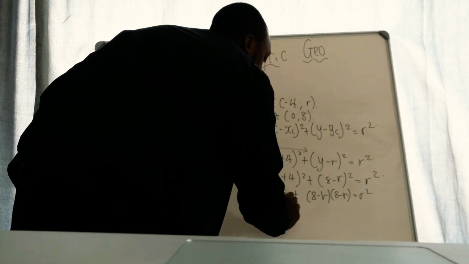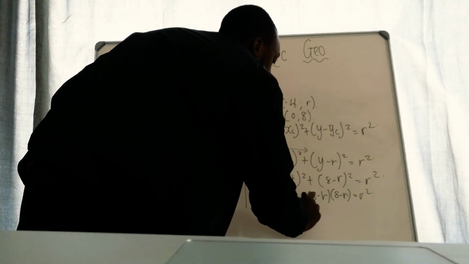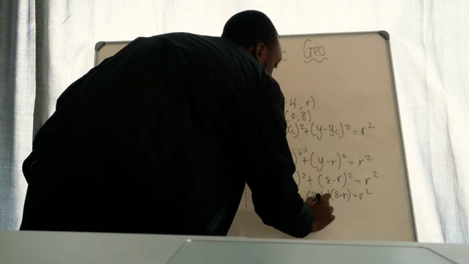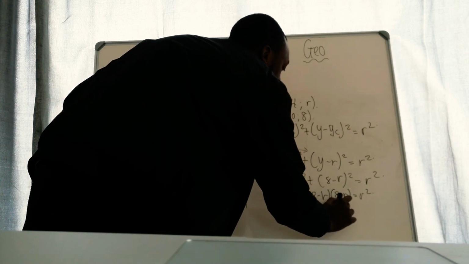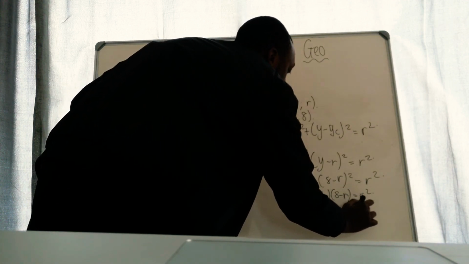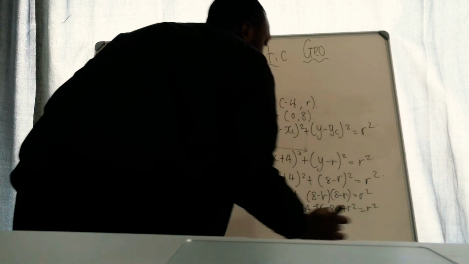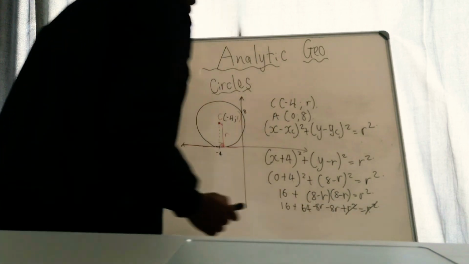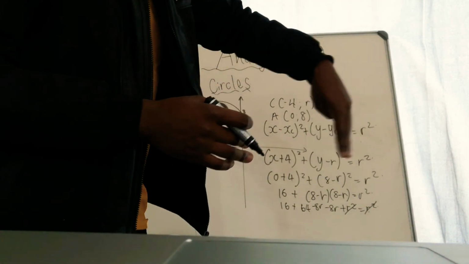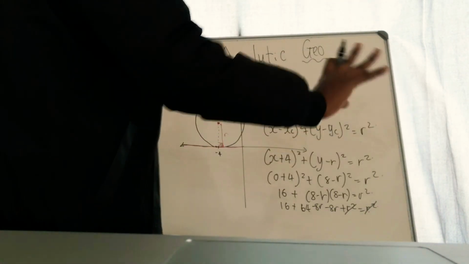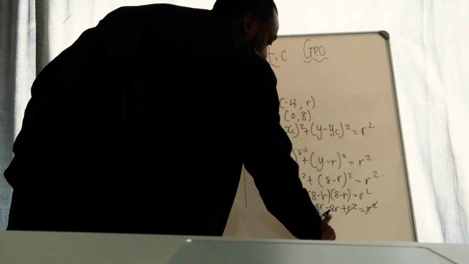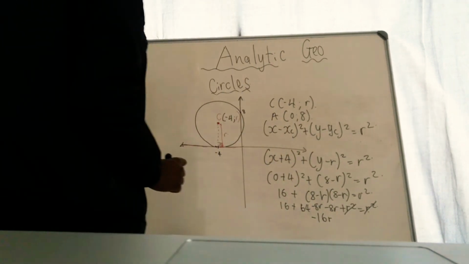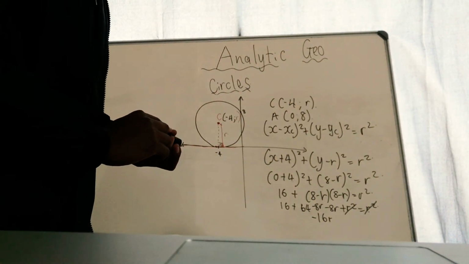Then if I simplify that, I get 64 minus 8r minus 8r plus r squared is all equal to r squared. So what I'm noticing is that the r squared there and the r squared that side are going to cancel. If I take one to the other side, it's going to subtract with the other one. So that is already cancelling. And these 8r's are going to add and give me a negative 16r.